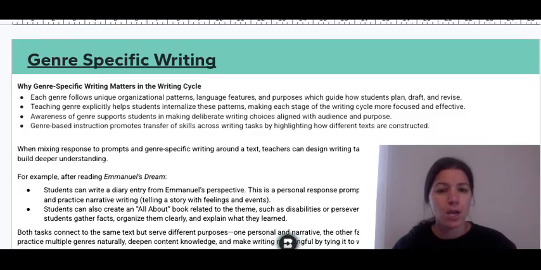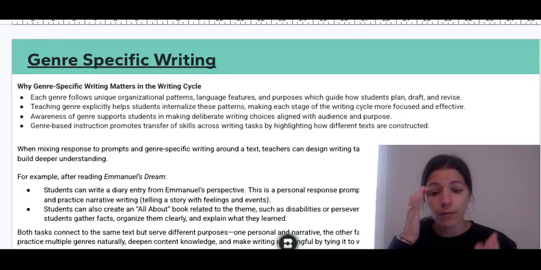What matters? So maybe it's social emotional topics like friendship, inclusivity. Maybe we want to focus on science and social studies standards, right? We have to choose content that is meaningful and that will build our students' knowledge around specific topics.